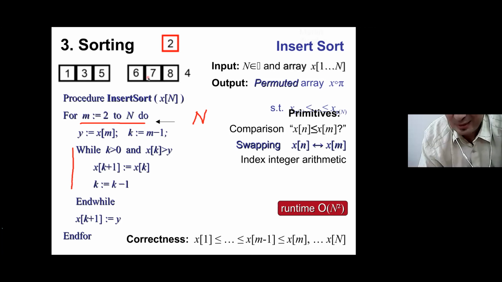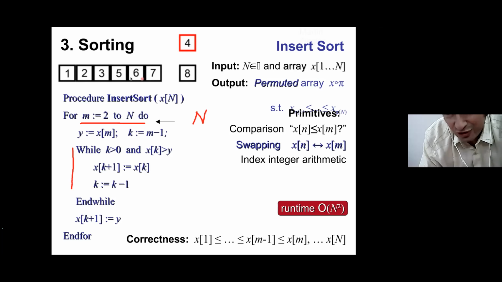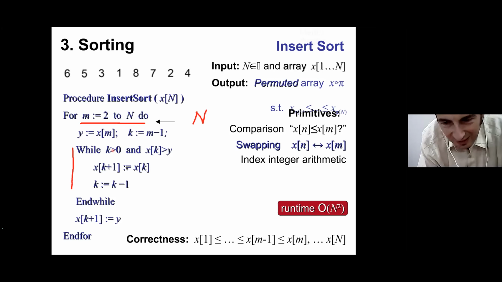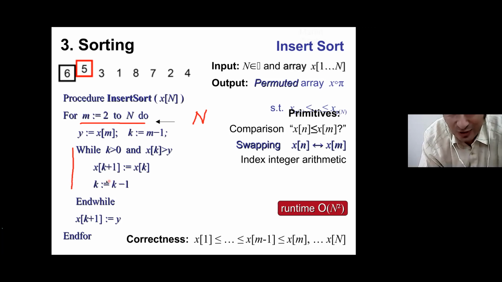Sometimes it is very much to the right, then this loop is very short. But if the element is small, then you have to run through this loop and shift very many elements. So for example, for 4, you have to shift 4 elements until you can insert it here. In general, this can be small or large, but in the worst case, you will always have to shift the entire array to the right.